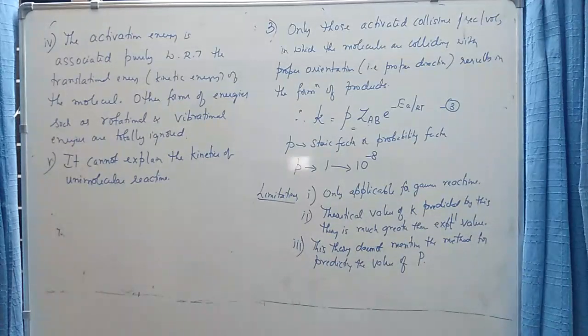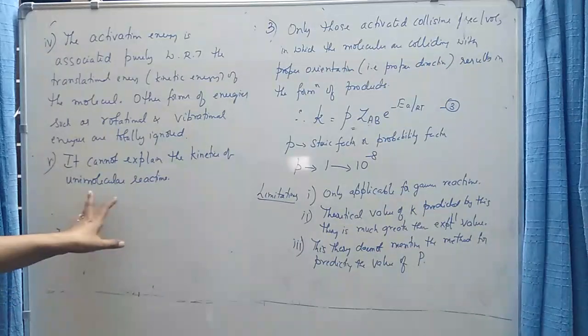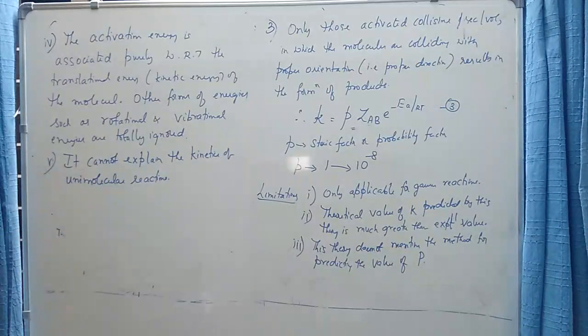What this transition state theory or activated complex theory is, is now very important. We will learn about this theory later, but in the next class, first we will concentrate on the kinetics of unimolecular reactions. Why does collision theory fail to explain the kinetics of unimolecular reactions?